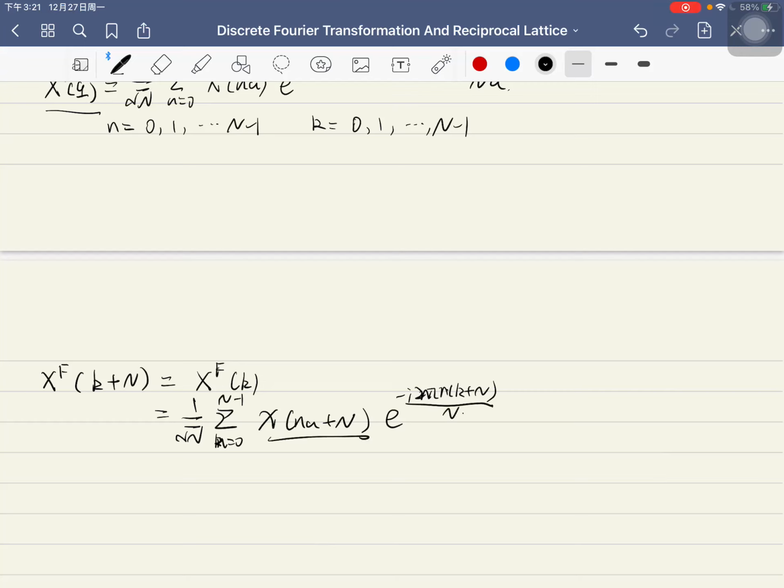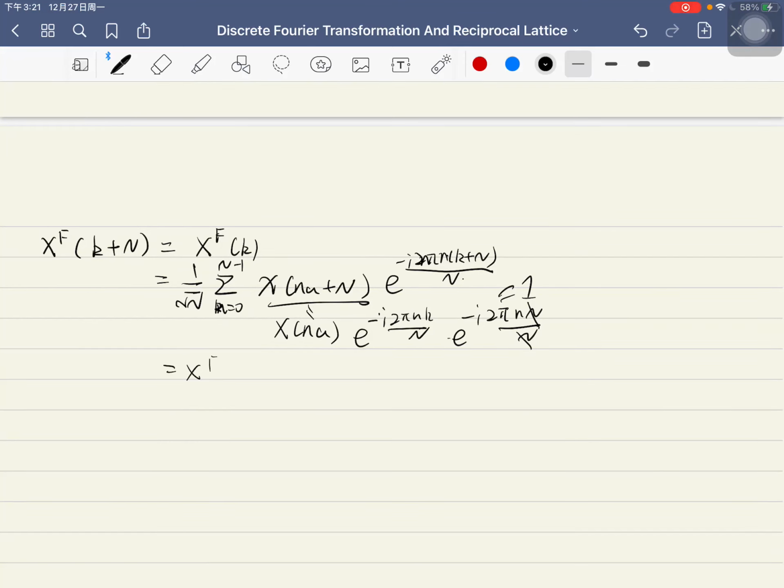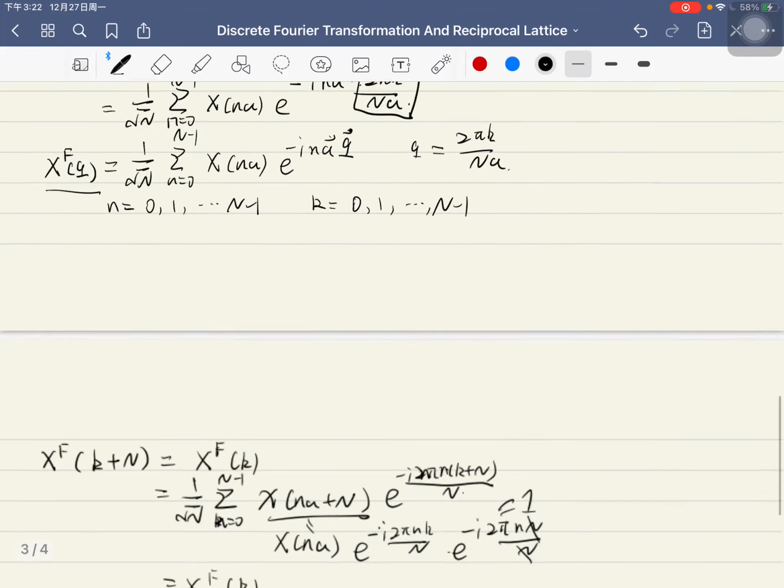Because this part has a periodical condition, this equals e to the minus i 2 pi n k minus n, and this equals 1. So this is the x_k^F.